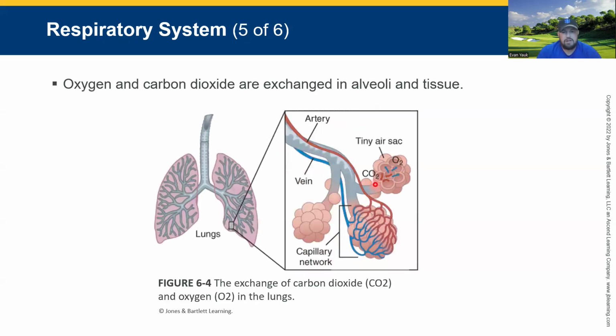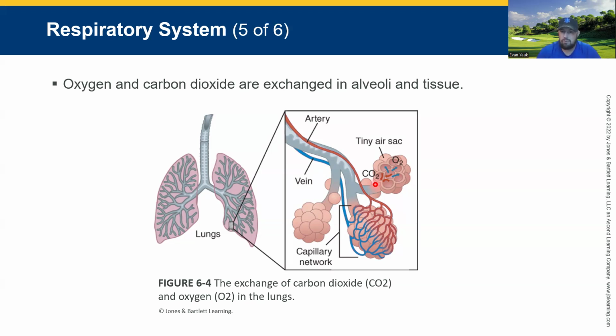Oxygen and carbon dioxide are exchanged in the alveoli and tissue. This is where the lungs get really cool for me. At the base of your lung, all the little bronchioles come down, and there are alveoli. I don't remember the exact number, I want to say it's 400 or 4,200 million alveoli between your two lungs, something like that.